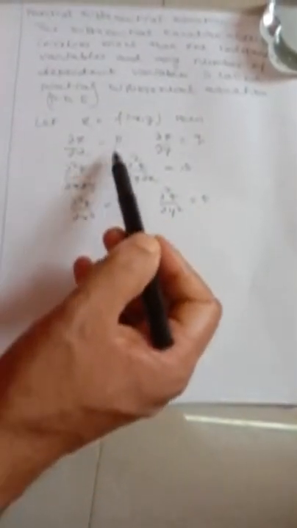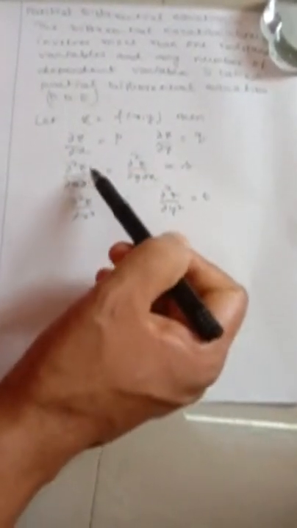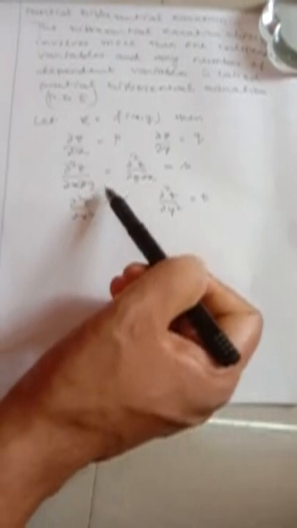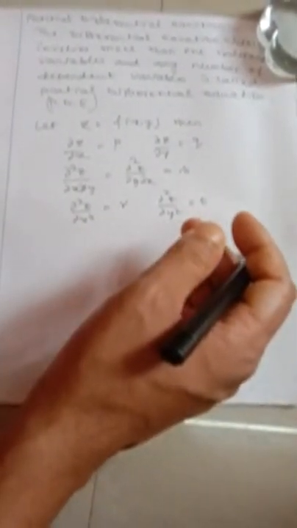So hereafter, dou z by dou x is p, dou z by dou y is q, dou square z by dou x dou y is s, dou square z by dou x square is r, and dou square z by dou y square is t.